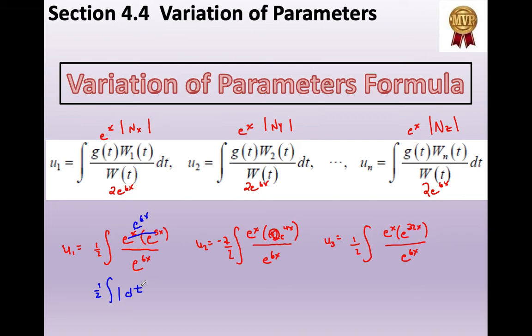Or dx's, whatever. dx. What's this one? This one is -1, right? Because I took the 2 out and a -2, so I have a -1. And then what is this? e to the x and e to the 4x, so I have e to the 5x here, and then e to the 6x in the denominator, so this is just going to be e to the -x.